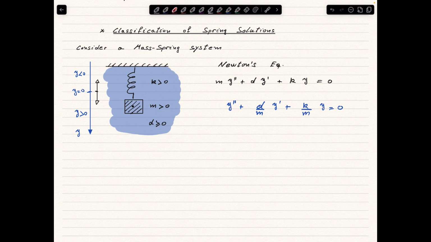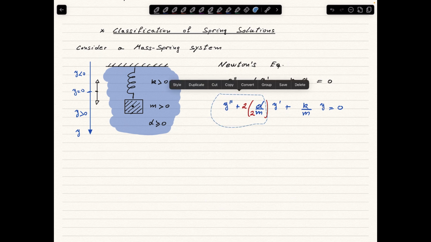The one thing we need to do is to multiply by 2 here, and of course divide by 2, so you see nothing has changed. We are just rewriting the equation.